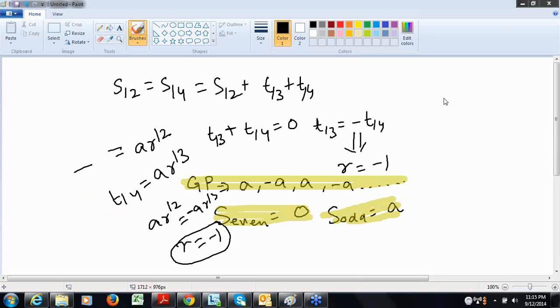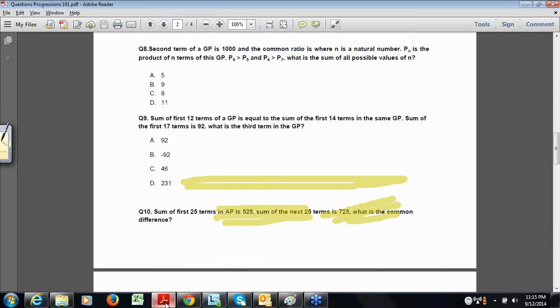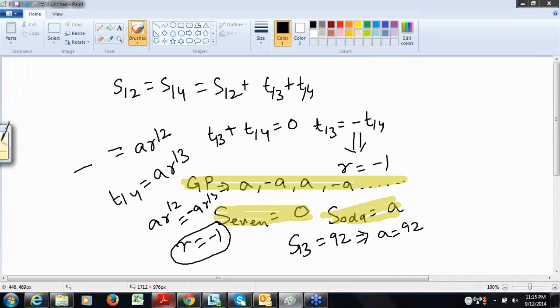Now the question has asked the sum of 13 terms is 92, which means A is equal to 92. Now it is asking the third term. What is the third term in the GP? The third term will be A.